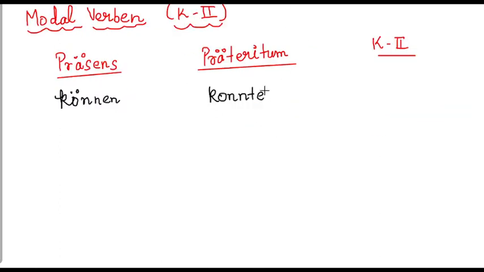We put the umlaut over the o, and the restructured form will be könnte. This könnte is going to act as your root, and using it we will conjugate this verb for other persons, other German pronouns.